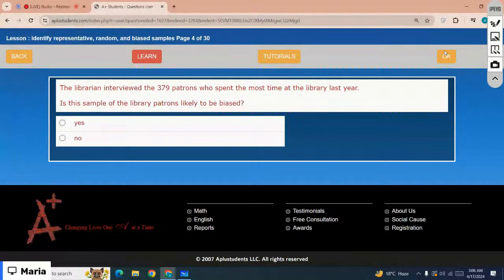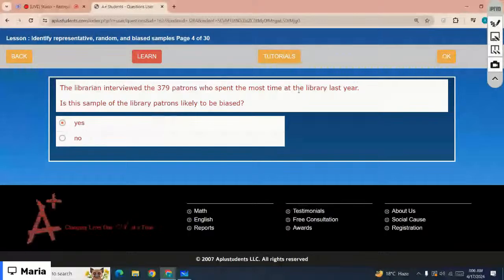That is the biased sample, right? Because these are the 379 patrons who spent most of the time at the library. They are different from the others. They are a special group. They are the ones who spent most of the time in the library, right? So they are the biased sample. The correct option is yes, they are the biased sample.